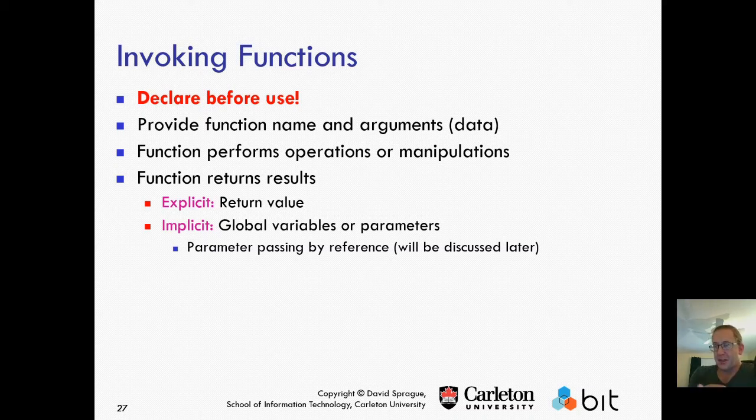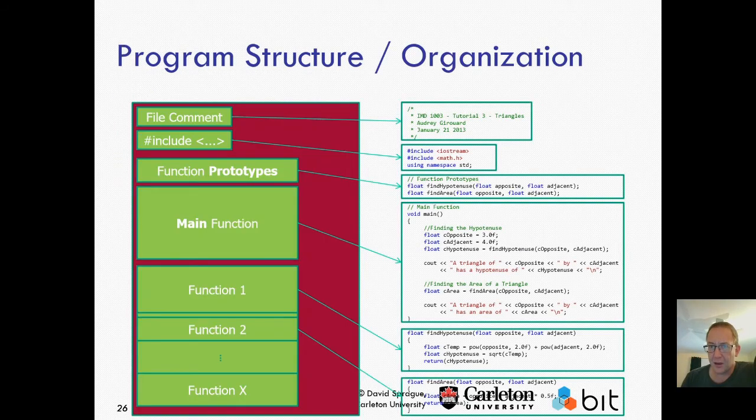But remember what we talked about last time. When I have these parameters, I make brand new variables, which are my parameters, and then I modify those values. If I modify those values, it doesn't go and change the original data that called my function. If I have, what did we call it here? Find hypotenuse.